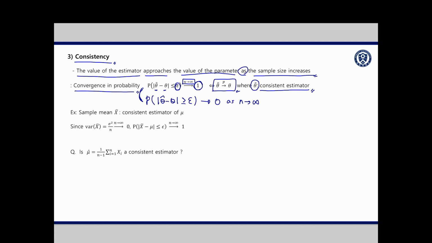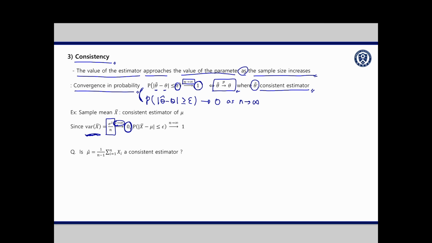The variance of the sample mean x bar is sigma square divided by the sample size n. So as the sample size goes to infinity, the variance of the sample mean goes to 0.